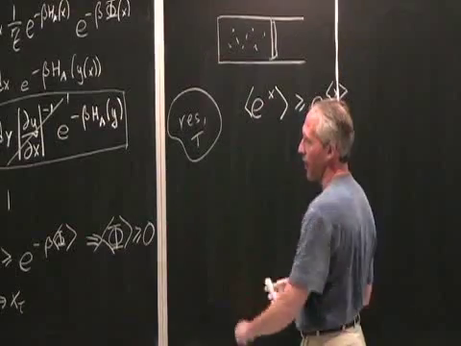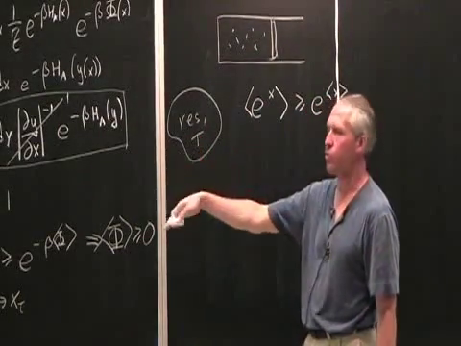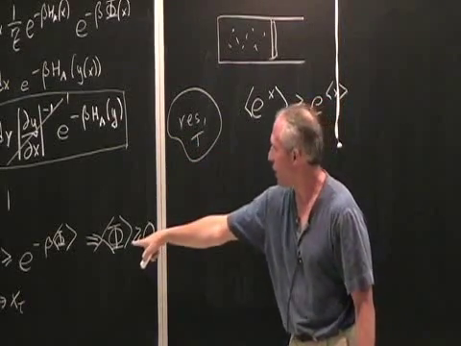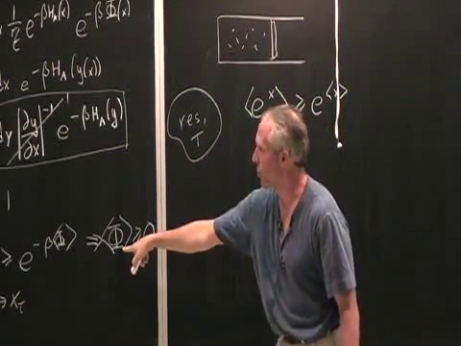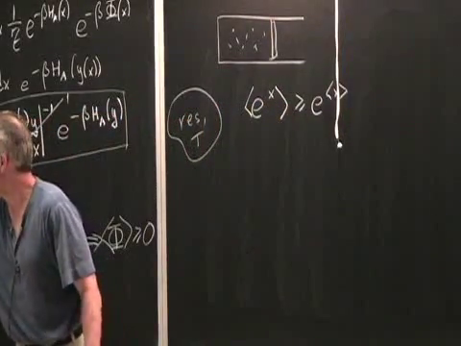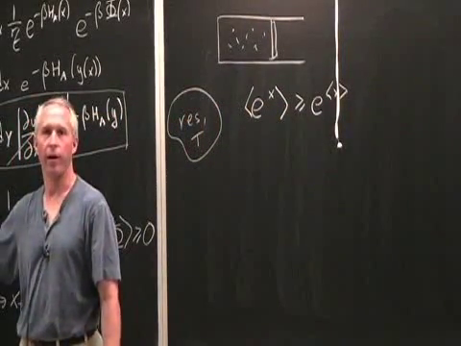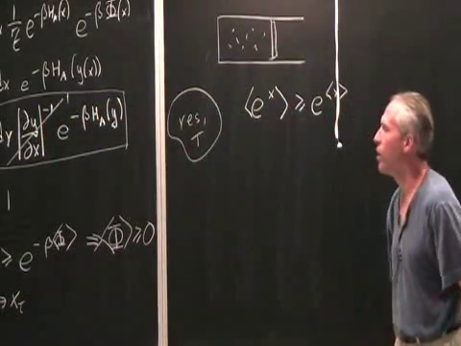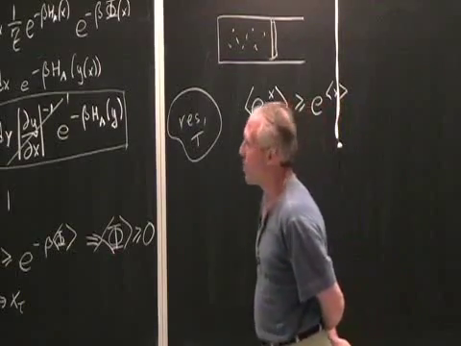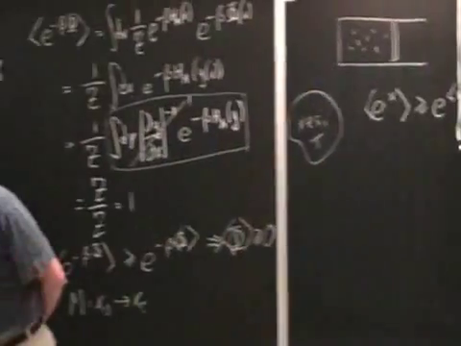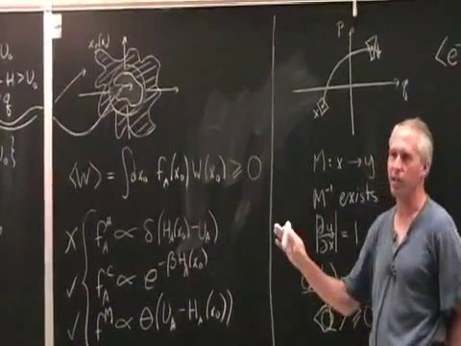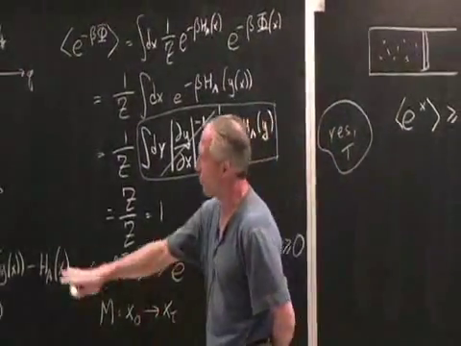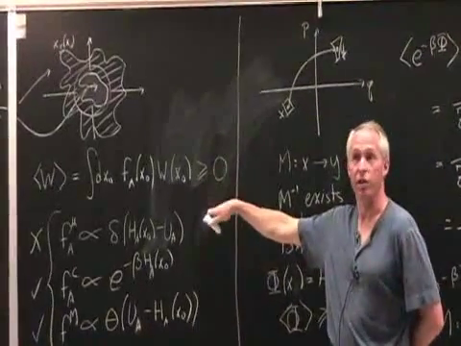So this tells me that if I sample initial conditions from the canonical distribution, evolve under Hamilton's equations, then on average, this phi is greater than or equal to 0, which is another way of saying, on average, the final energy is greater than or equal to the initial. Okay, so that's how this proof goes for the canonical ensemble. As I mentioned, for the microcanonical ensemble, that's left as an exercise for you all. It's actually not particularly difficult mathematically. And for the microcanonical ensemble, this just isn't really general.